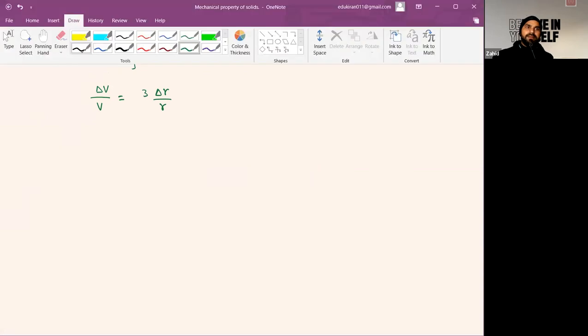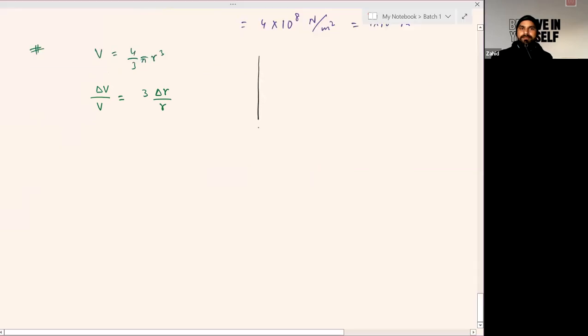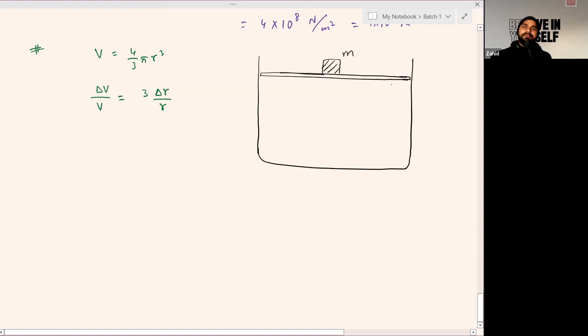Let me define your question related to this part. Suppose there is a tank in which liquid is filled up to this level and there is a piston over it, on which there is a block having mass m.